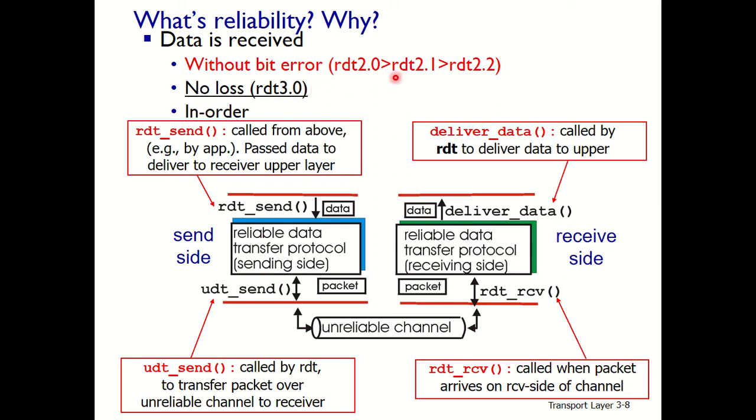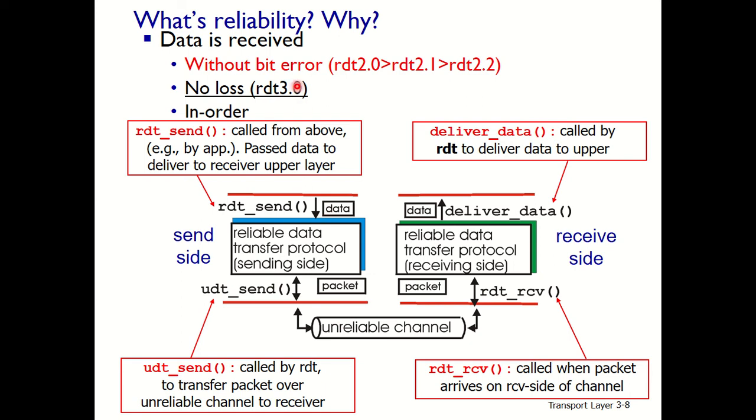In this protocol, RDT 2.0, RDT 2.1, RDT 2.2, we assume that this underlying channel, the network layer, can have bit error. So what should the transport layer do in order to achieve reliability if the underlying channel has bit error?